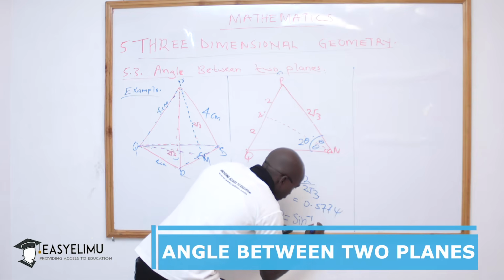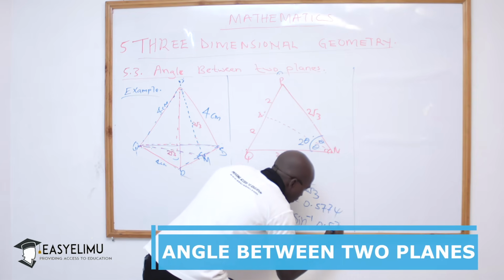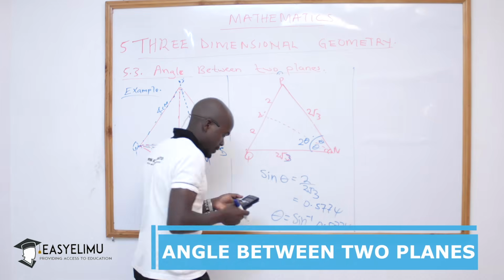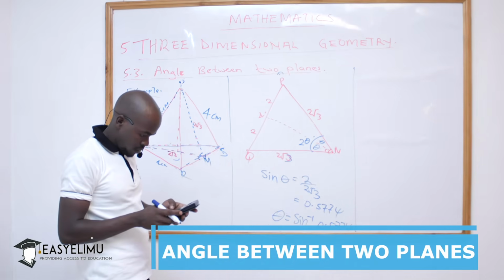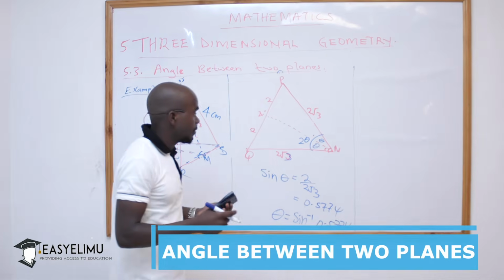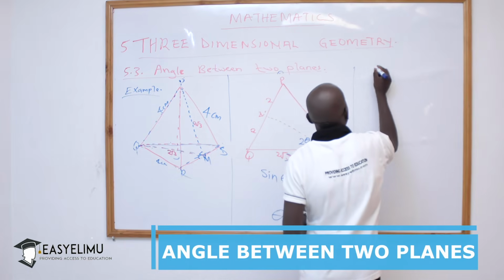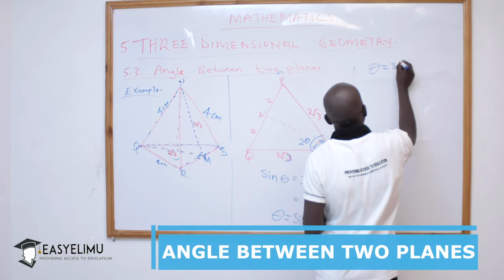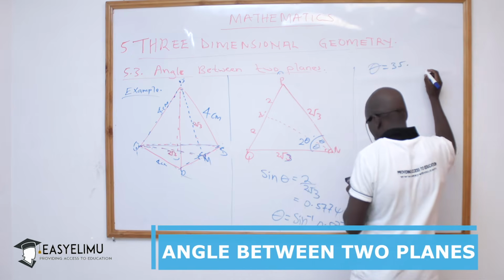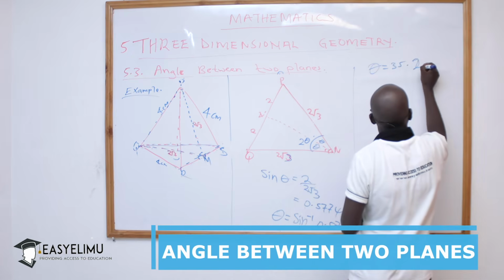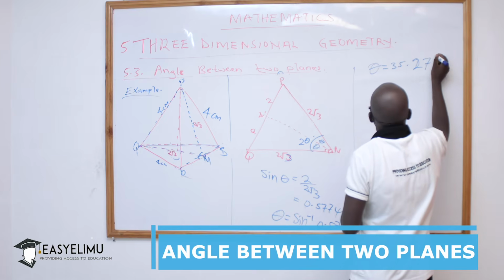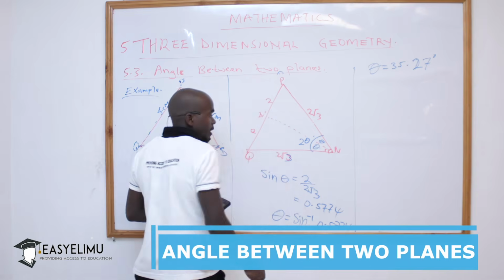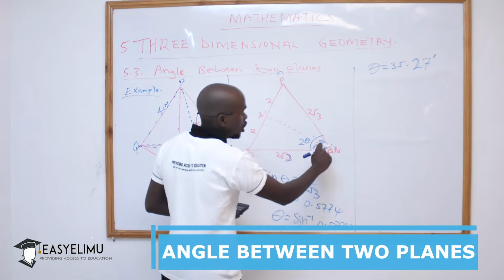So this is sine inverse of 0.5774, and it gives us 35.27 degrees for theta alone, and we need the two angles.